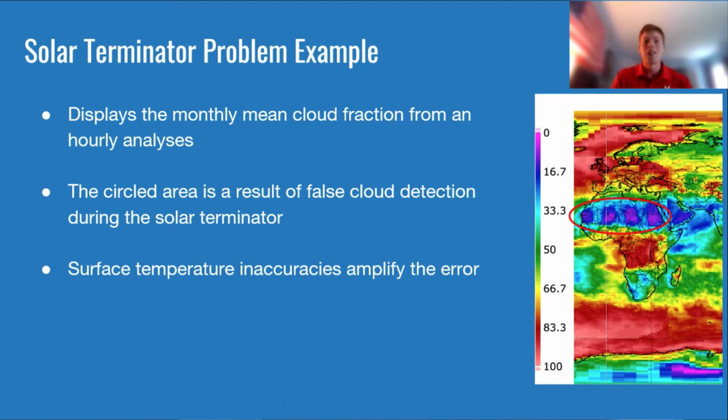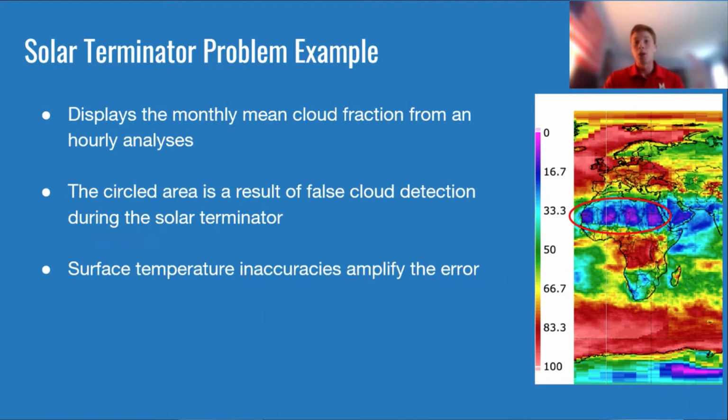So now I wanted to give an example of the solar terminator problem. This graph on the right here is looking at the Sahara Desert, and what it is essentially showing is the monthly mean cloud fraction from hourly analyses. The Sahara Desert is so good because usually there's very low cloud cover, if any, over this area.